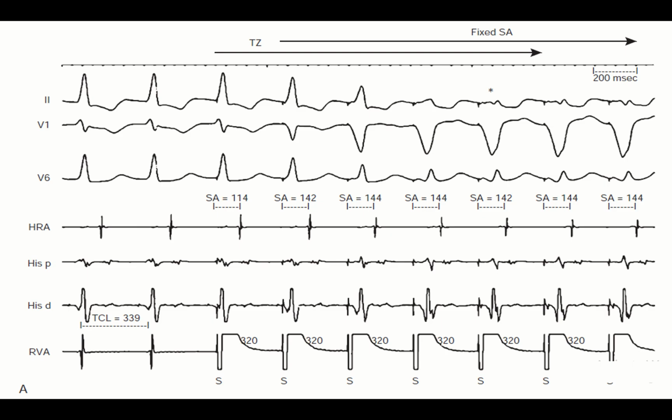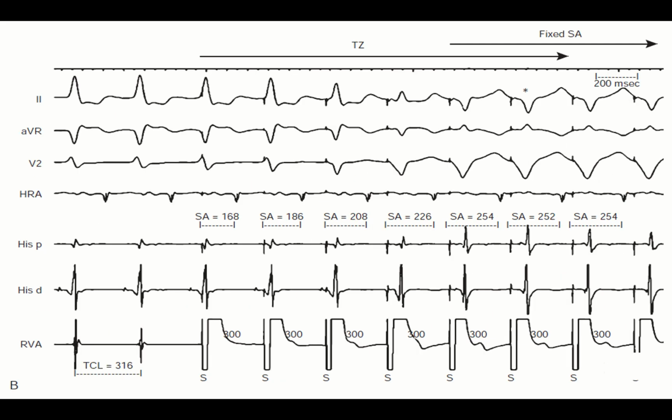To illustrate with some examples, this is a case of AVRT with atrial resetting during the transition zone. Let's see how many beats of atrial resetting with fixed stim to A. It's about 4 or 5 during the transition zone. What does it mean? We are dealing with a right lateral accessory pathway.